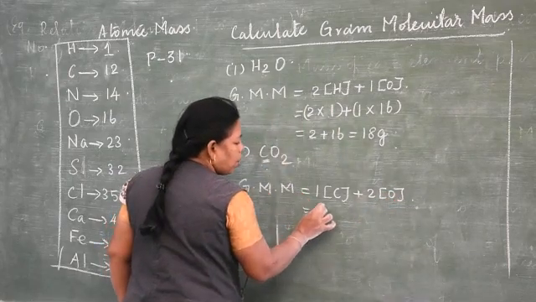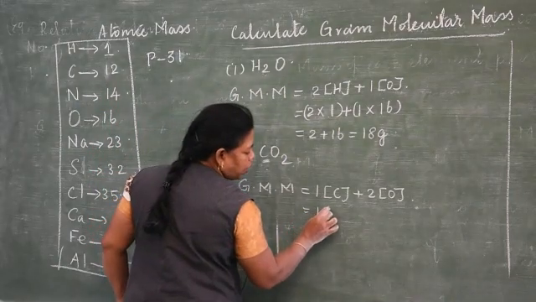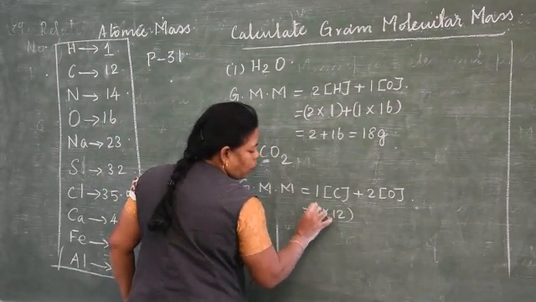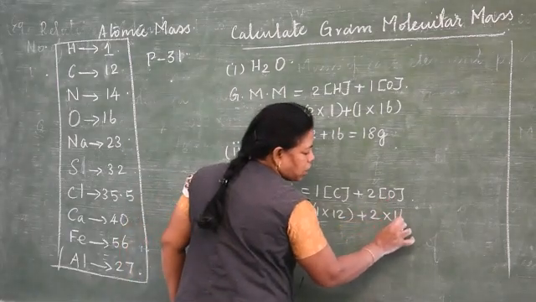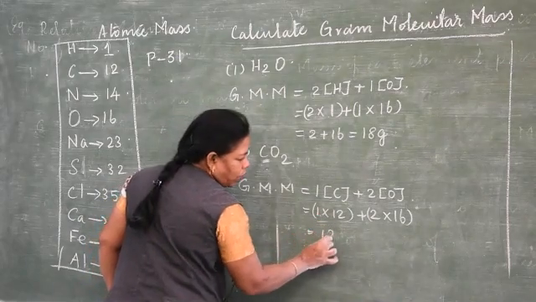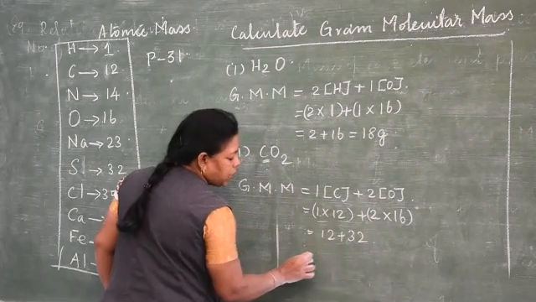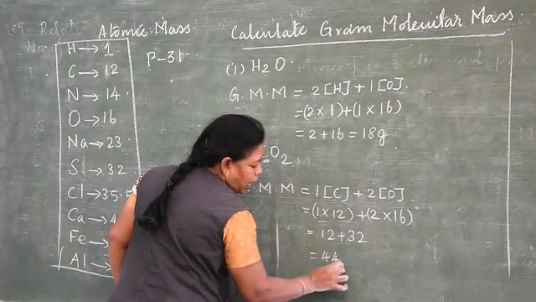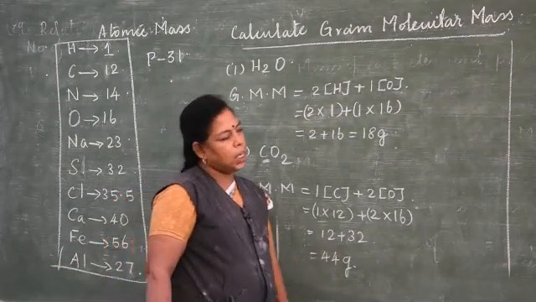And what is the mass of carbon? Atomic mass of carbon is 12. Therefore 1 into 12. And what is the atomic mass of oxygen? 16. Therefore 2 into 16. 1 into 12, 12. 2 into 16, 32. Therefore 12 plus 32, 44 gram. This is the gram molecular mass of carbon dioxide.